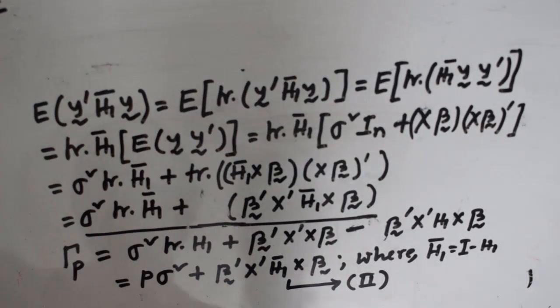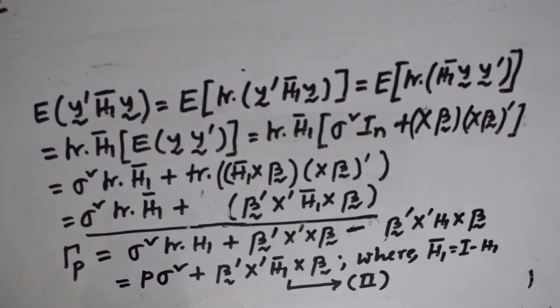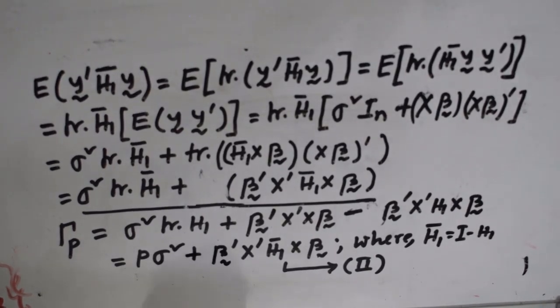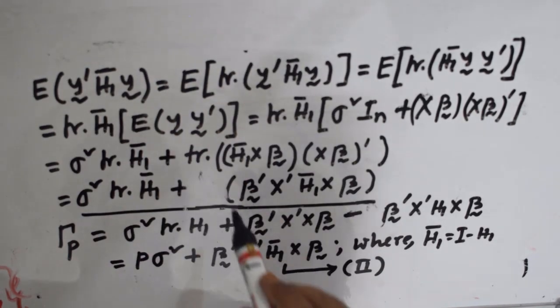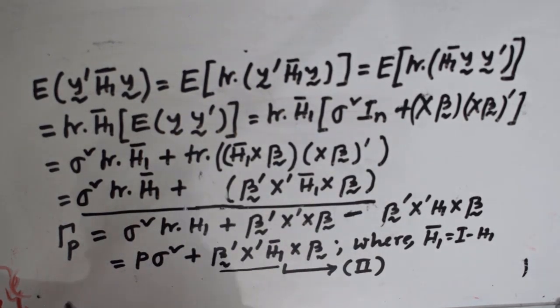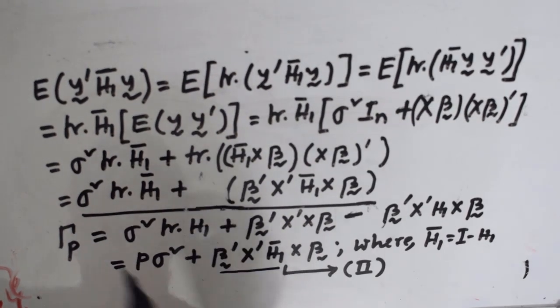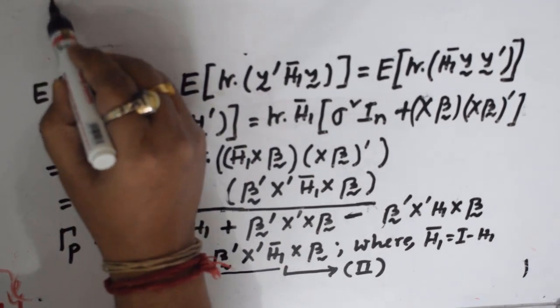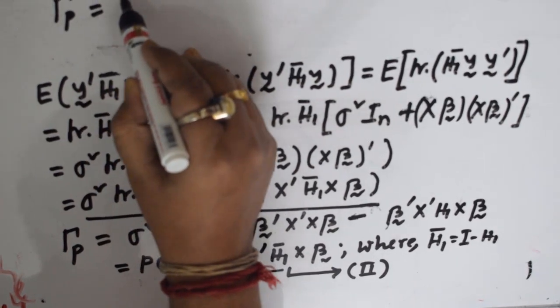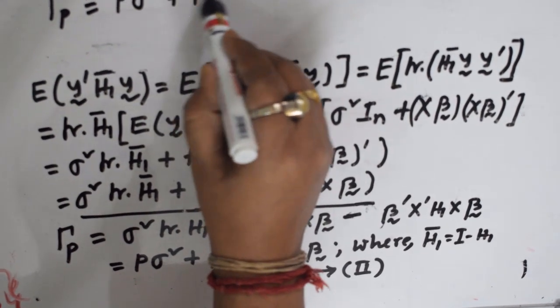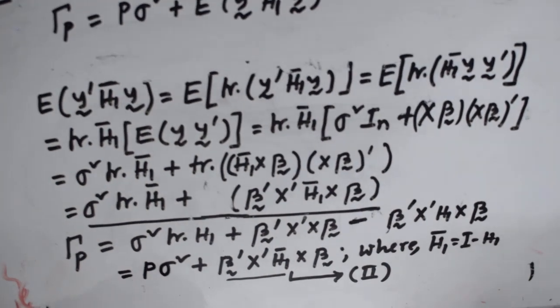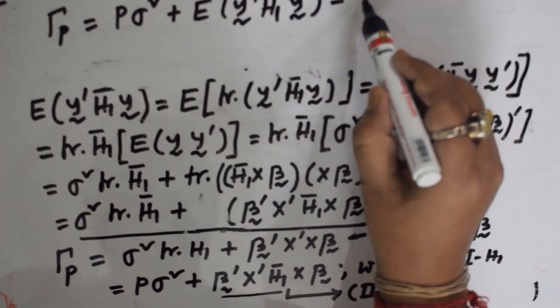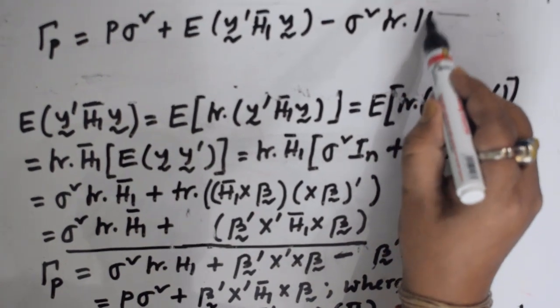Again, sigma square trace of h1 bar is nothing but, since h1 bar is an idempotent matrix, so this is, now replace this value: gamma p equals p sigma square plus expectation y curl prime h1 bar y curl minus sigma square trace of h1 bar.